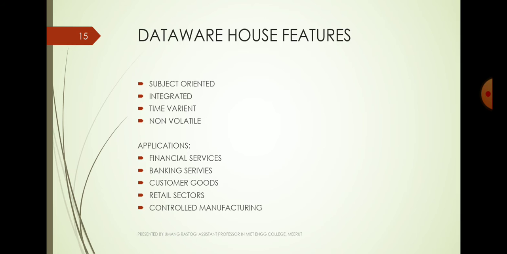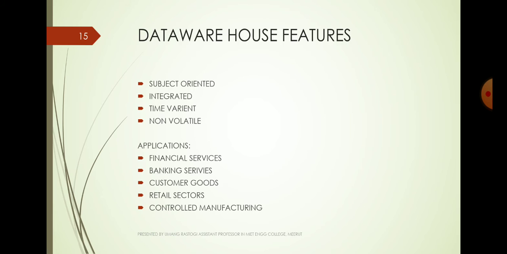Next one is integrated. That means all the data is integrated in the form of subject-wise, time-wise, case-wise. Like this, all the data will be integrated with each other and we can customize it according to our use. Next one is time variant.